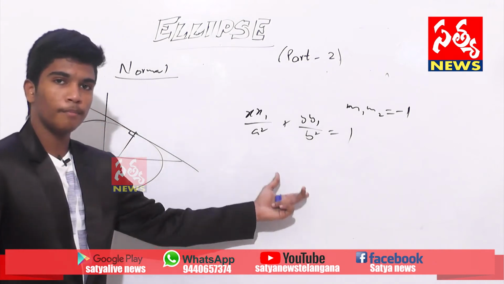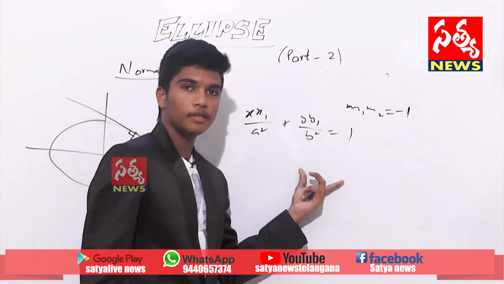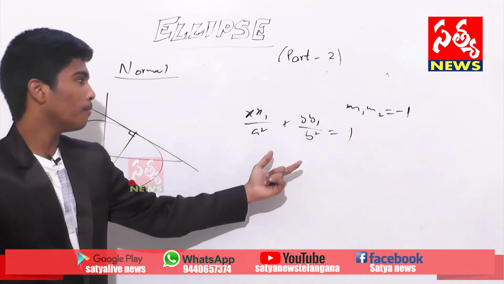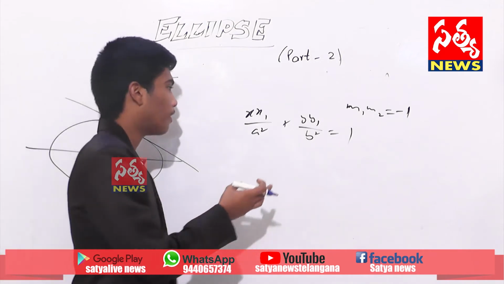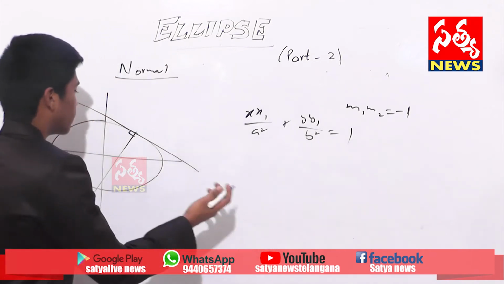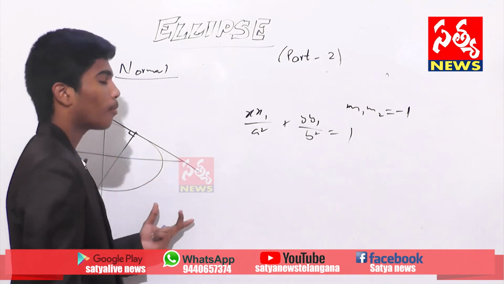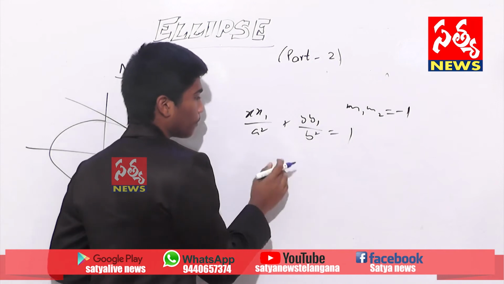This is the point form of a tangent. From this point form we are going to derive all the formulas. We have studied how the parametric form is obtained from the point form, and similarly the normal is also going to be obtained from this point form.